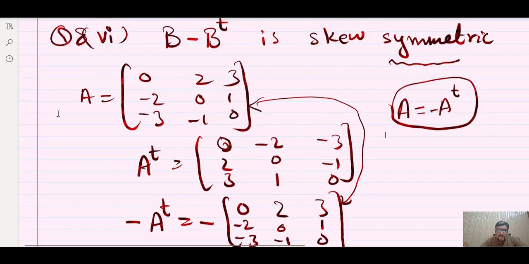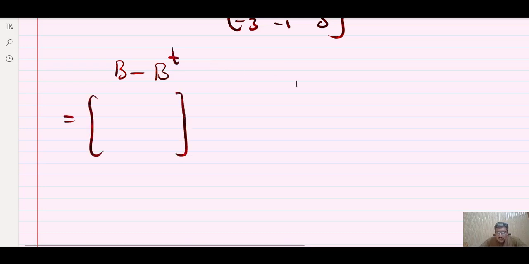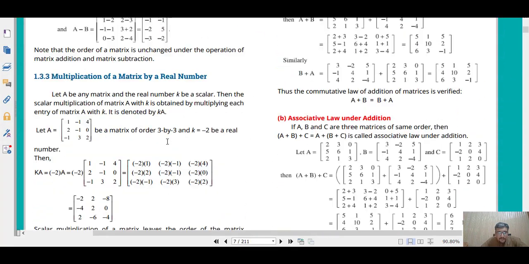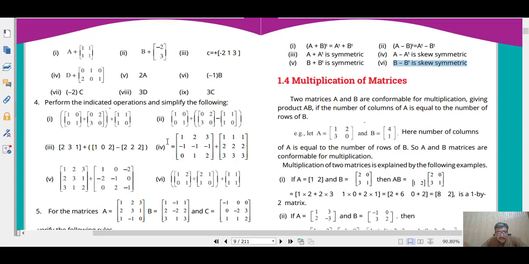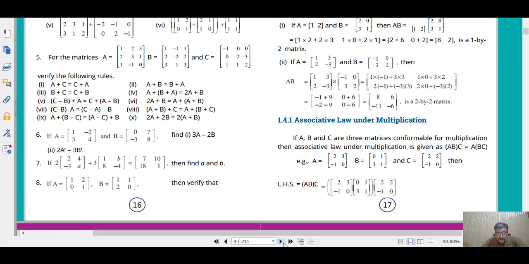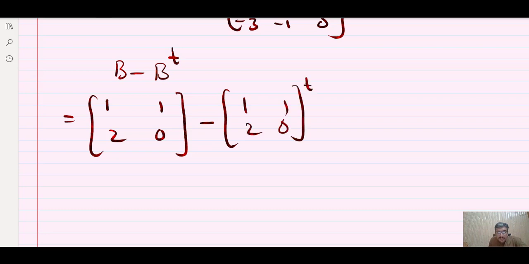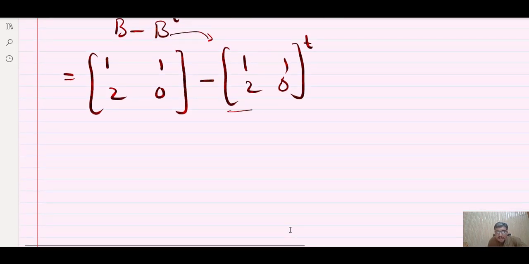So now we are going to solve this B minus B transpose. First of all, in this B minus B transpose, we will write the B matrix, and the B matrix is given here: 1 1 2 0, minus 1 1 2 0, and its transpose of B. If we solve this, first of all we have to take the transpose.